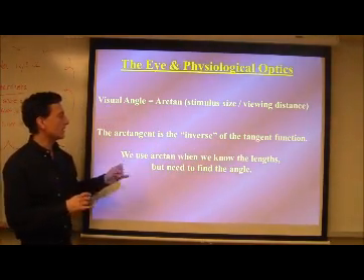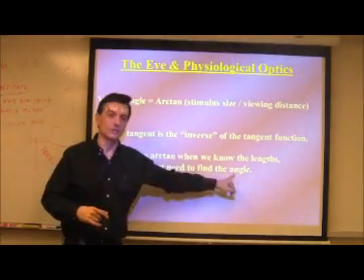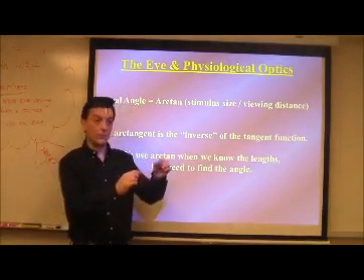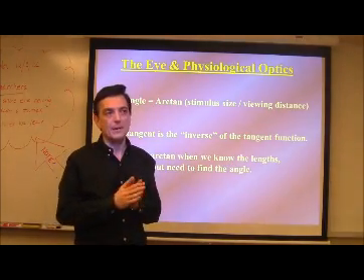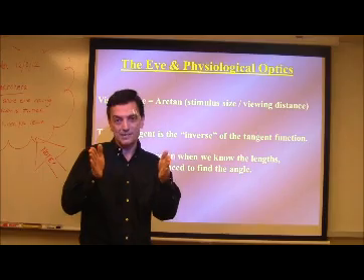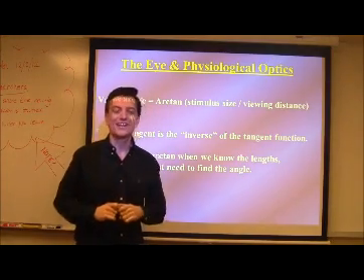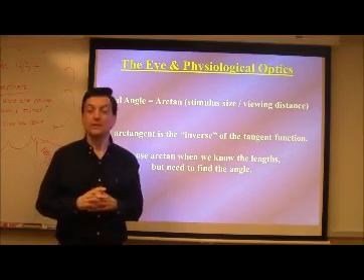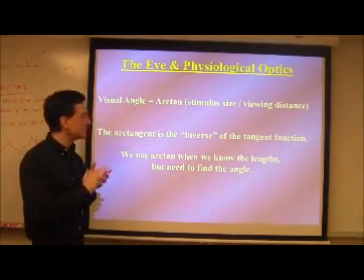We use the arctangent when we know the lengths of interest, but we need to find the angle. So it might be that we know how far we are from a stimulus in centimeters, the left-right expanse of that stimulus in centimeters, or the vertical expanse of that stimulus in centimeters, but we want to know the angle on our eye. How many degrees of visual angle?